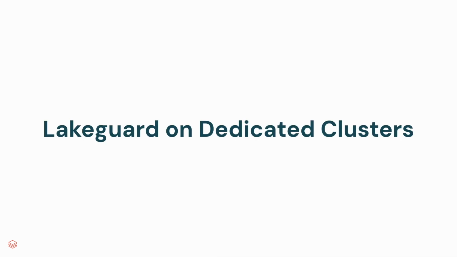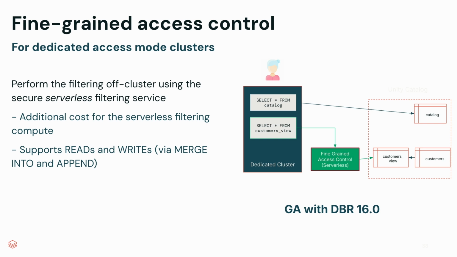Okay, and then Jakob touched on this a little bit already, but for dedicated access mode clusters, we still handle the two issues that Jakob mentioned. We still make sure that the security controls and governance of Unity Catalog are not bypassed.